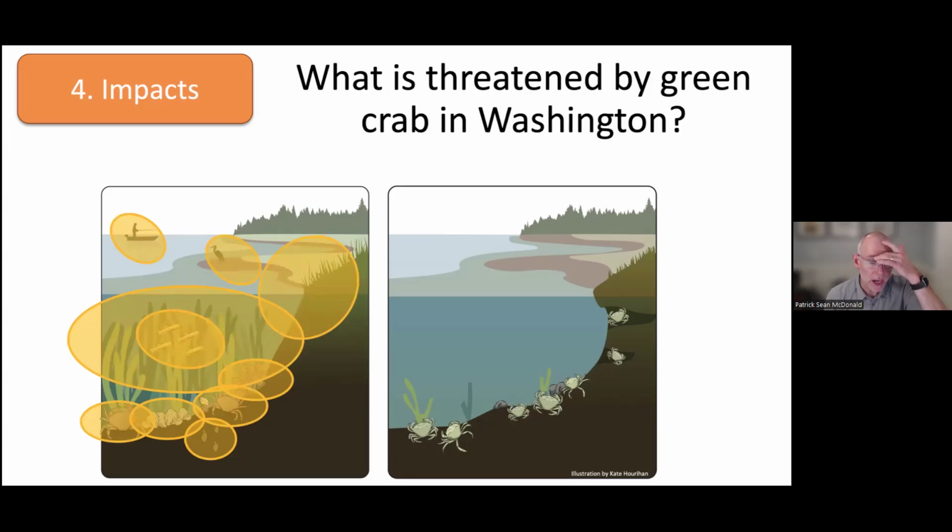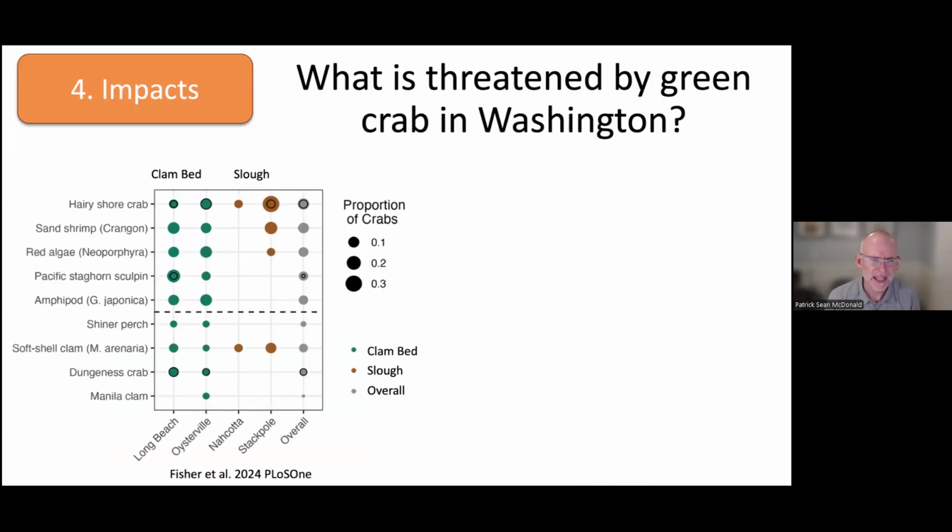And then, of course, there's going to be knock-on effects to other species within food webs and eventually to humans as well. And I did point out that we have done a certain amount of investigation of green crab diets. It's always nice to throw in a graph highlighting the research that we've done. This was by one of our colleagues, a student working with us that investigated the stomach contents of crabs out in Willapa Bay.